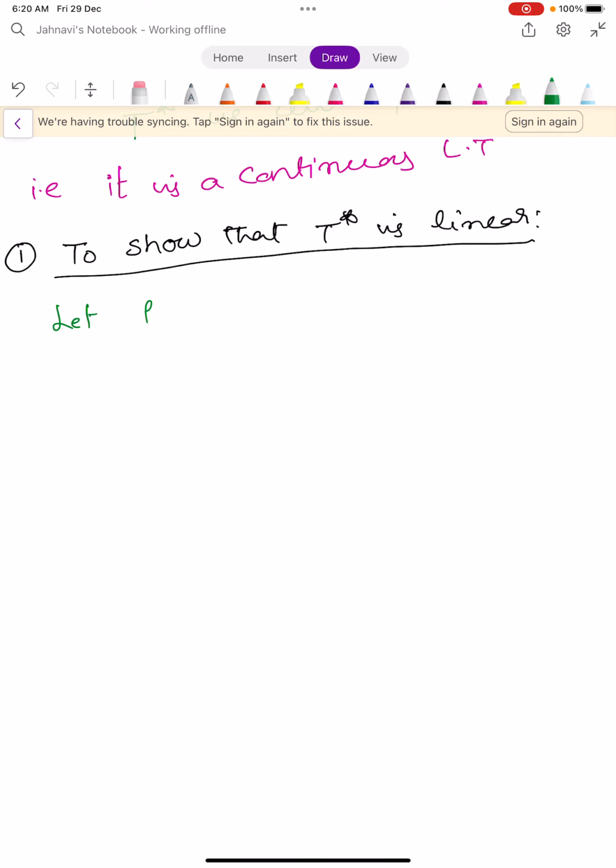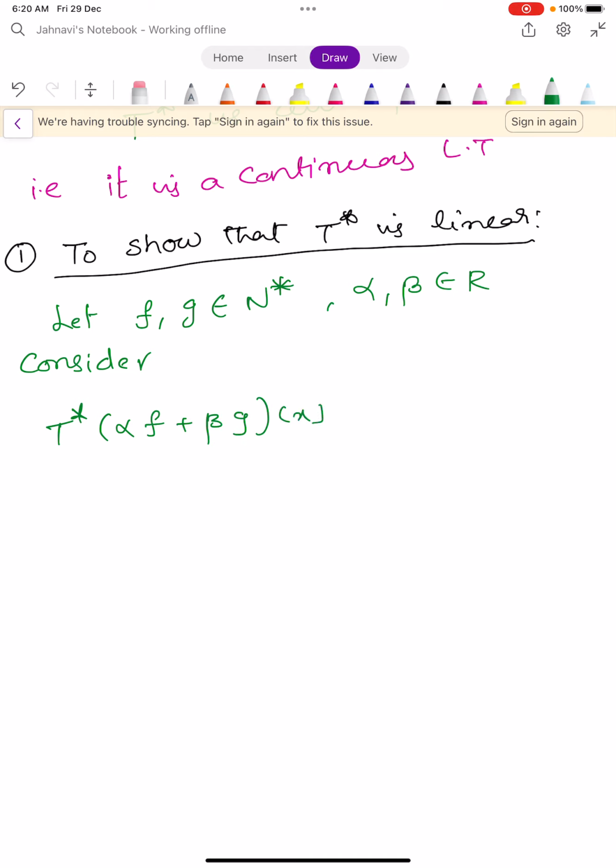Let f, g belong to N star and alpha, beta are scalars. Now consider T star of alpha f plus beta g of x, which is equal to alpha f plus beta g of T of x.